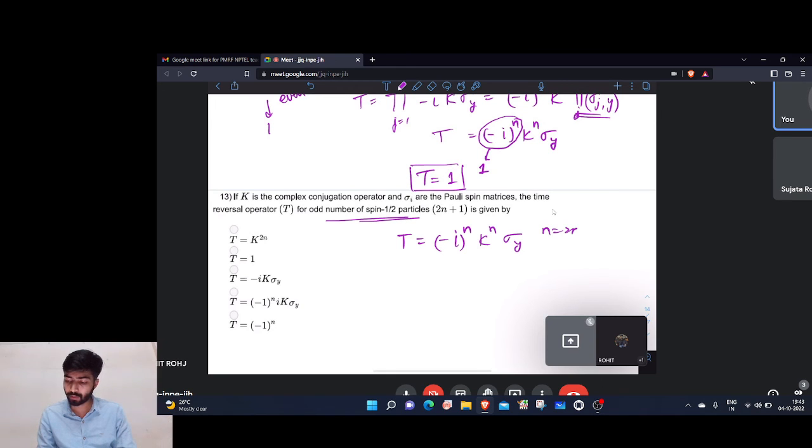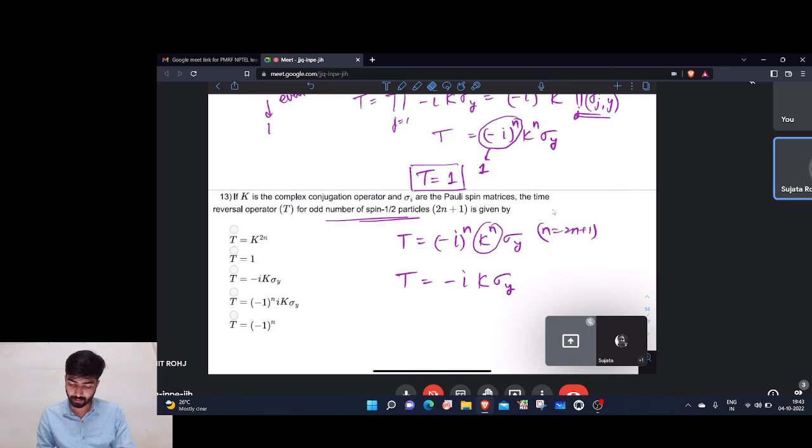Now if n becomes 2n plus 1, then if n is odd, iota raised to 2n plus 1 becomes minus iota, and K raised to the power 2n plus 1, the complex conjugate operator, still gives us finally K, because K raised to the power 2n was 1, and K raised to the power 2n plus 1, multiplied one more time by K, gives K. And sigma y raised to the power 2n plus 1 in the above product gives sigma y as it is.